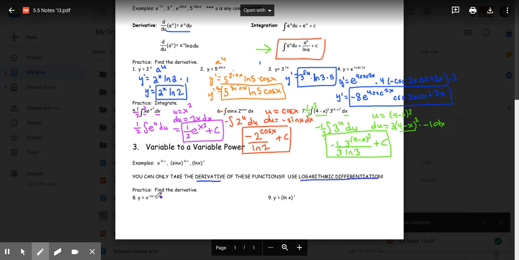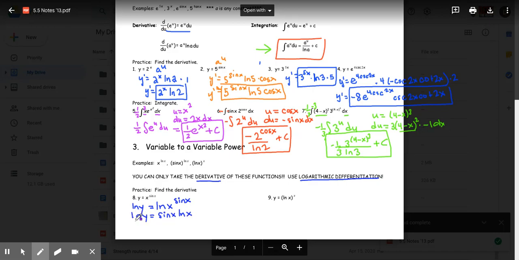What that means is you go right into taking the natural log of both sides. So you take the natural log of both sides, and then you expand the right-hand side. So to expand the right-hand side, this sine x, remember any exponent of a natural log can be expanded to the front. And now you want to take the derivative of both sides.